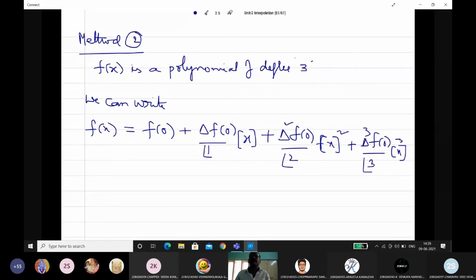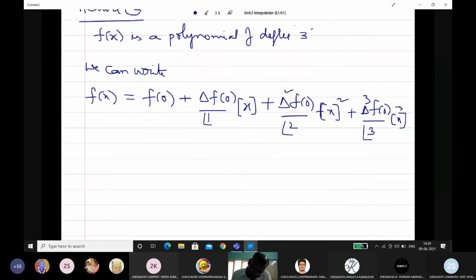Okay, now here what is f of x? 3x cubed plus x square plus x plus 1. Now we can find the values.